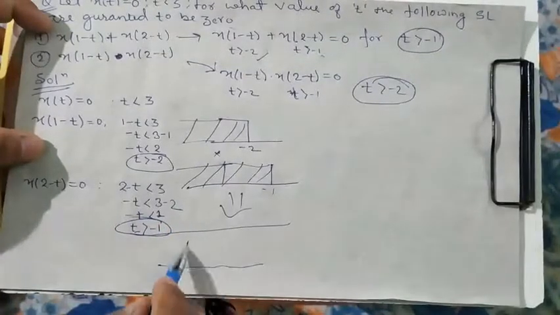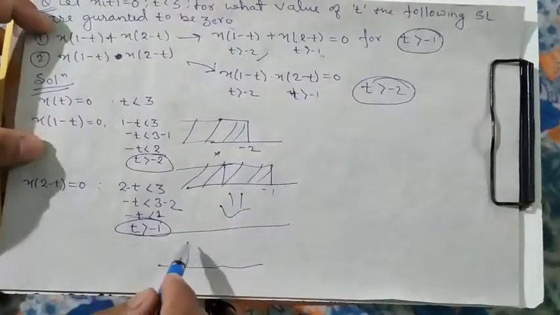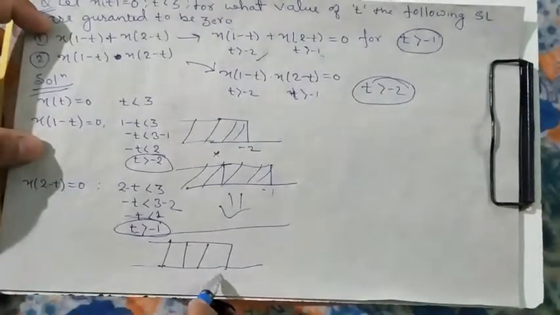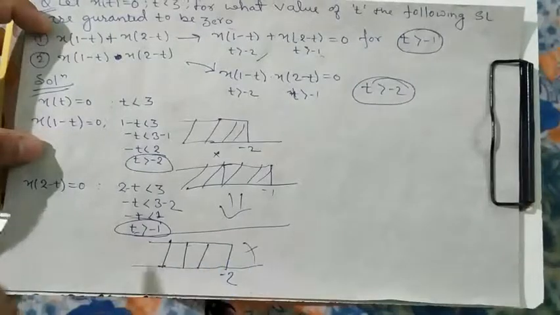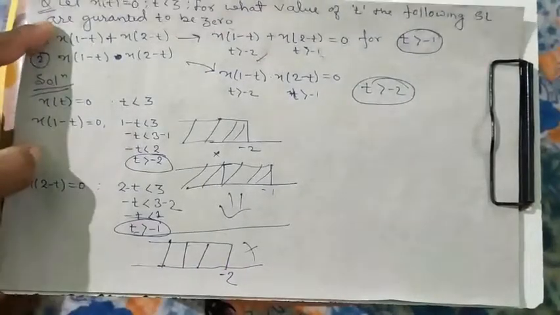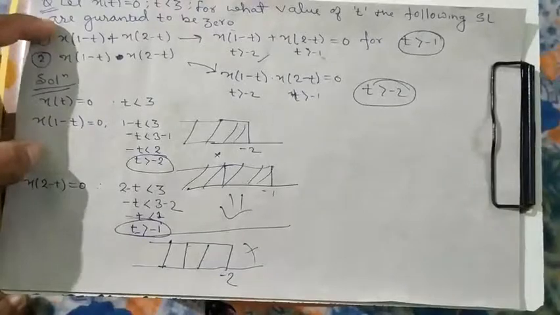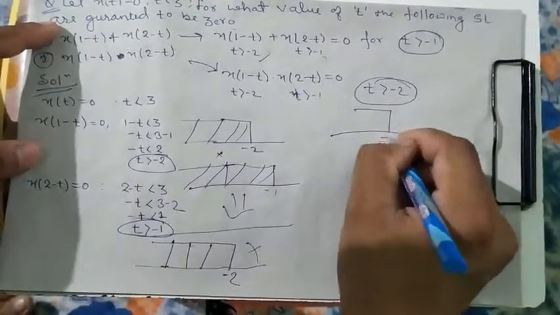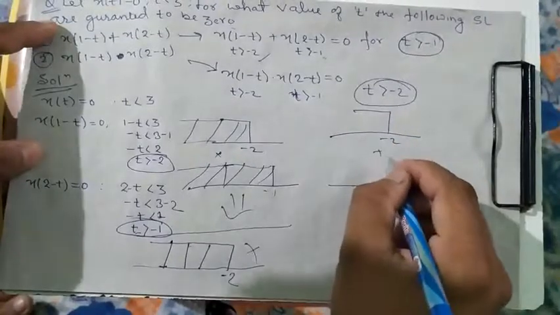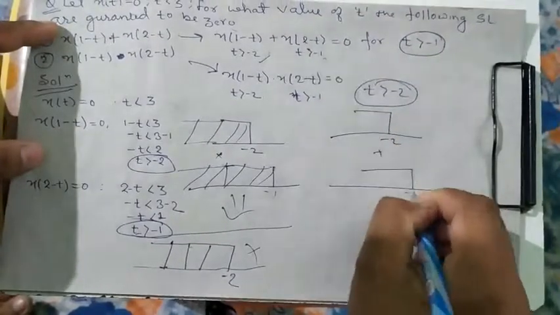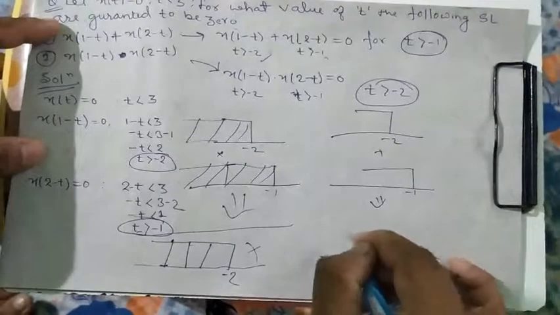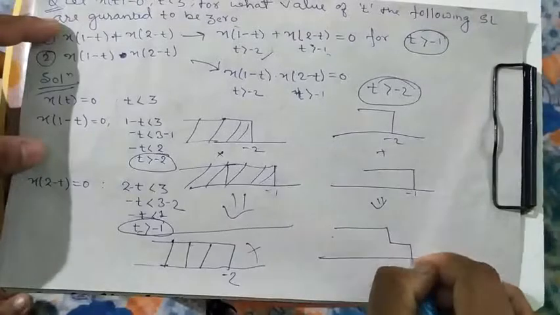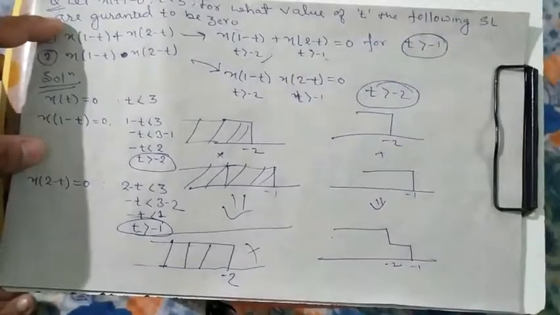This will be 0, no? Minus 2. This is nothing but multiplying this signal. So this is 0, and if you want to make this 0, minus 2 plus minus 1, then the result will be like this. It is minus 1, minus 2 like this.